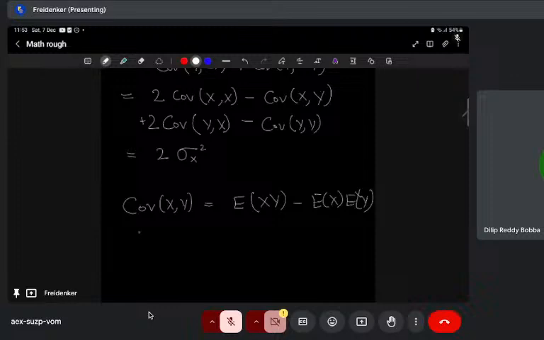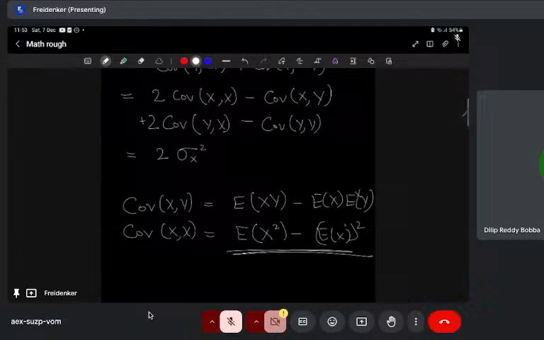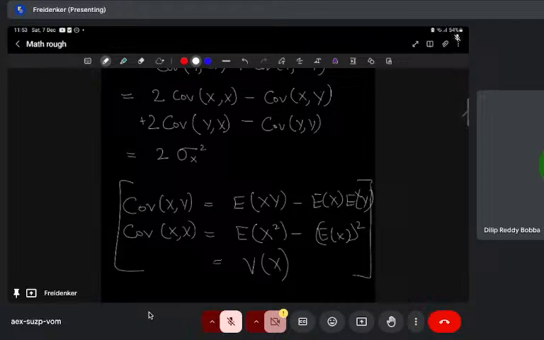So in that case, what is covariance of x comma x? It is nothing but expectation of x square minus expectation of x whole square. We know what this is. This is the variance of x. So that is how I know that covariance of x comma x is nothing but variance of x.